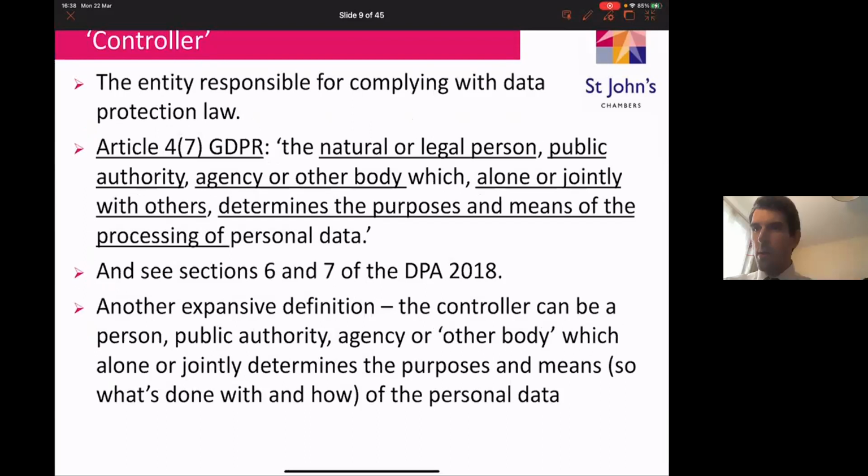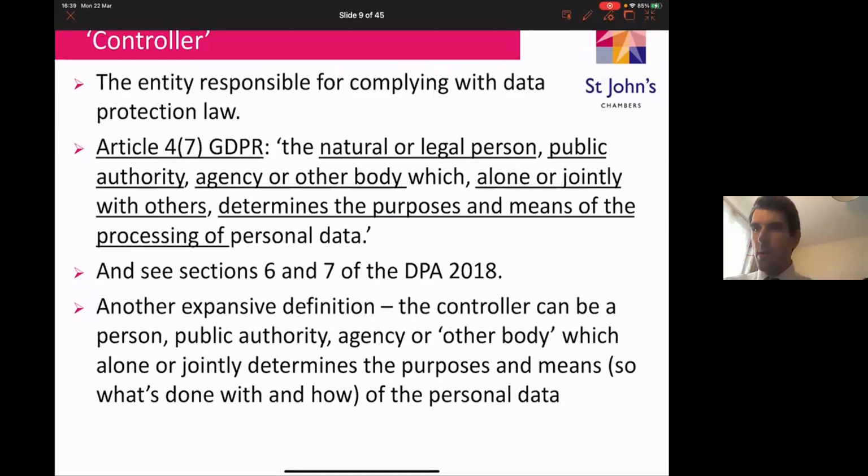Controllers, important here because a good number of you will have clients who are organisations who are data controllers, and the definition is at Article 4.7 of the GDPR. It can be a natural legal person, public authority, agency, or any other body which alone or jointly with others determines the purposes and means of the processing of data.